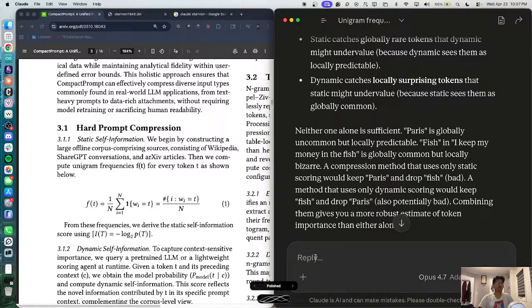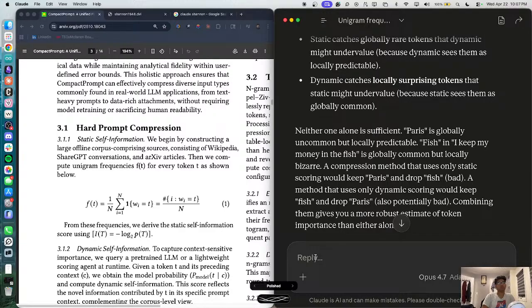The viability of static self-information is the fact that LLMs can often very easily reconstruct low information tokens because they just see them so much in their training data.